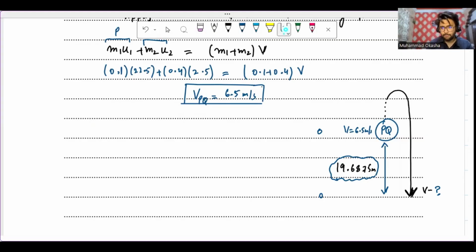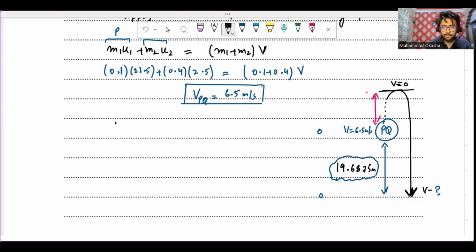First, it's going to go up, right? So we'll see how much it goes up, because if it reaches the maximum height, it's going to have a velocity of zero, right? Once it reaches a maximum height. So first we'll calculate this distance. How far does it go up before taking a turn, right?